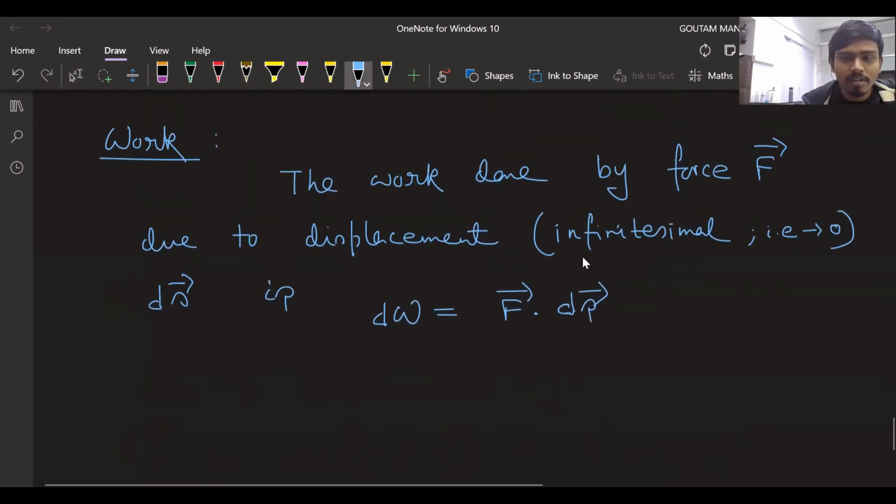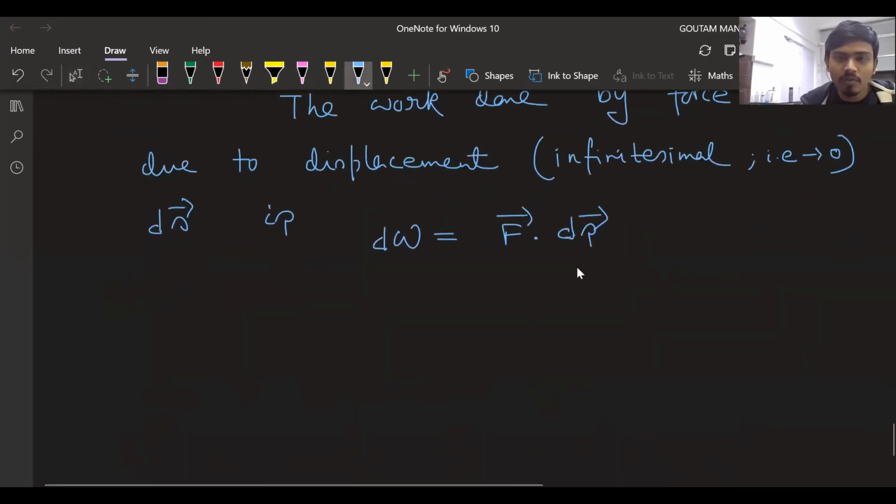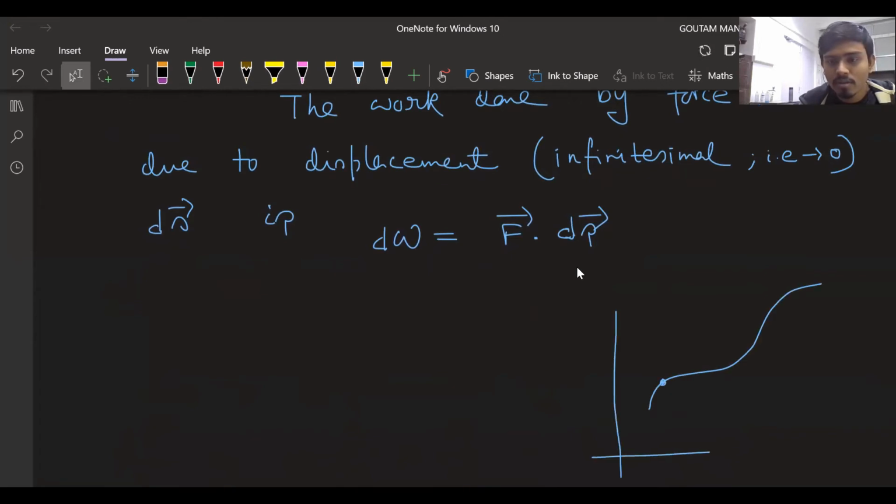So let's say there is a displacement from, let's say, point S1 to S2.